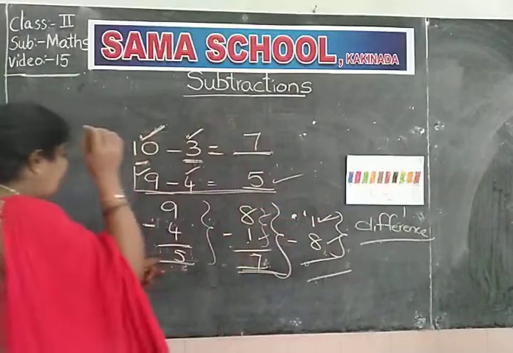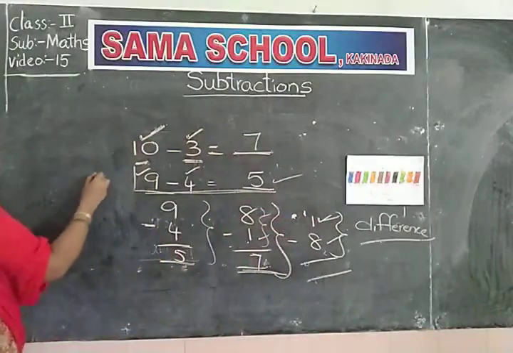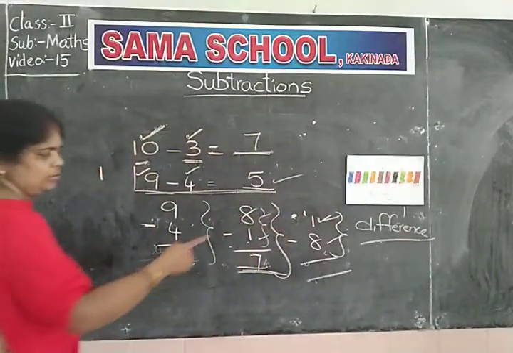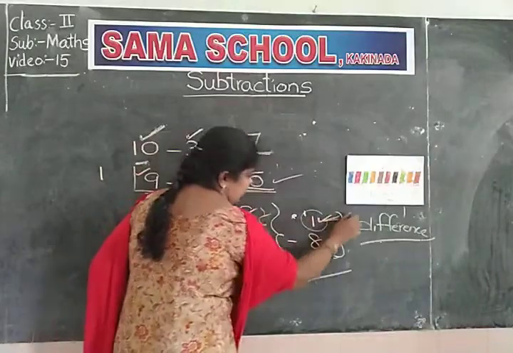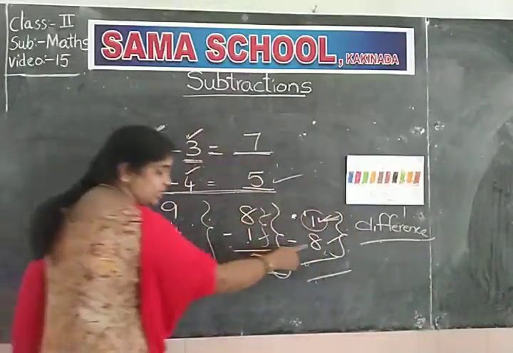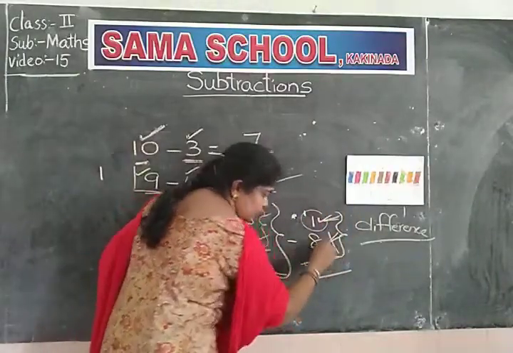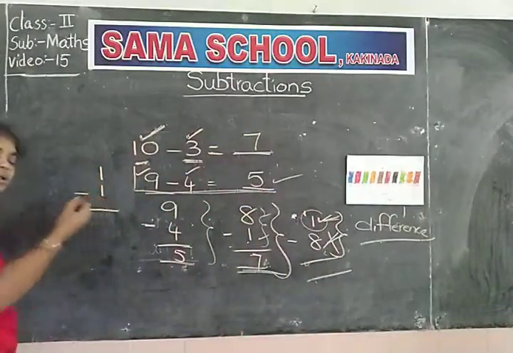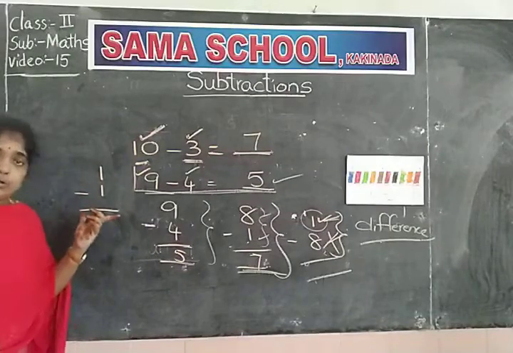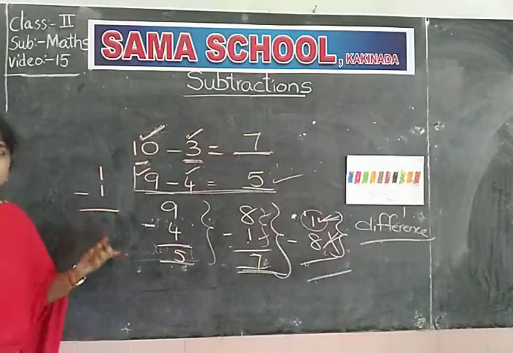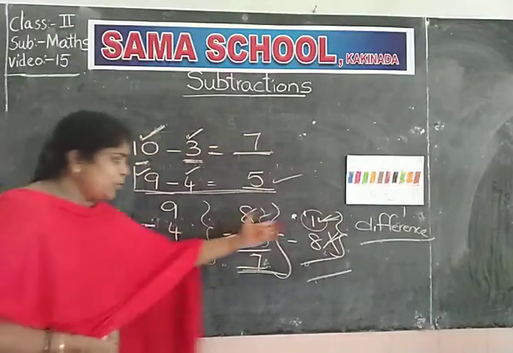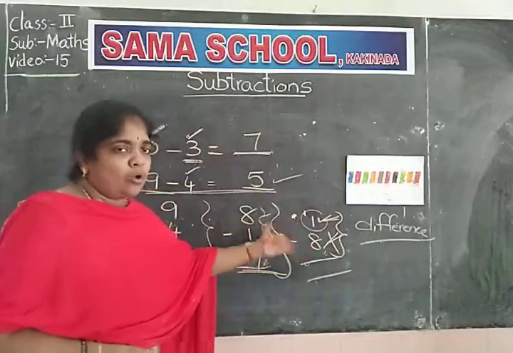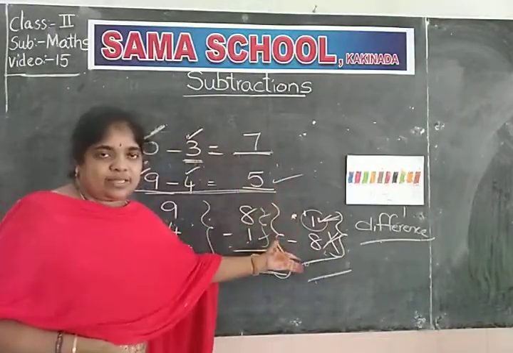One more thing. If I am having 1 only, it is not possible to give 8. Here subtraction is not possible. If anybody asks you for 1 ball, is it possible to give? Yes, you can give because you are having 1. It is not possible to give 8 or 5 or 4 or 3.